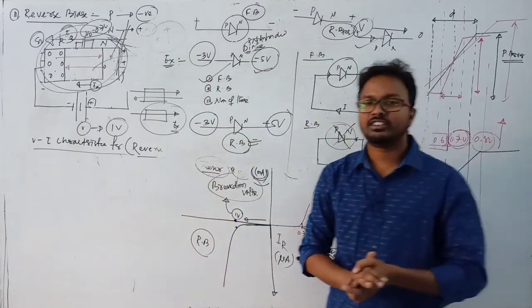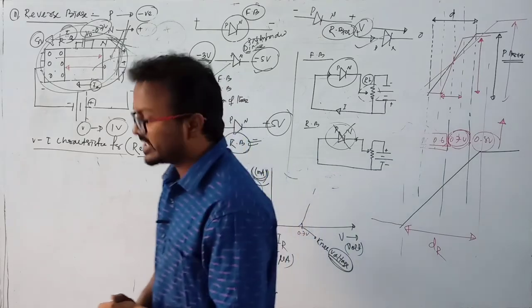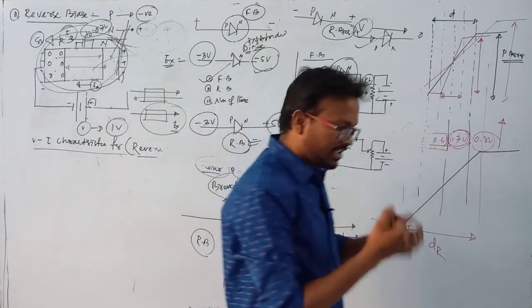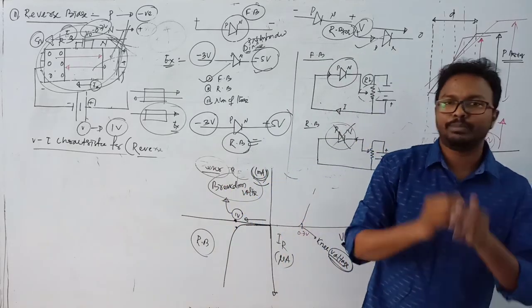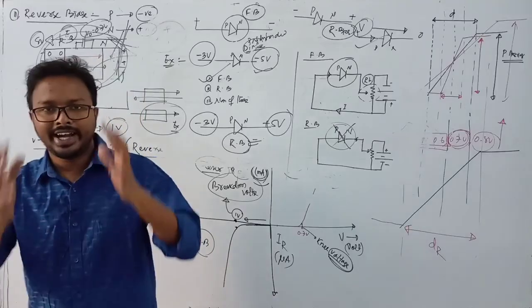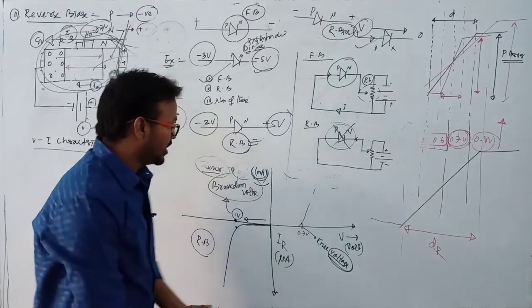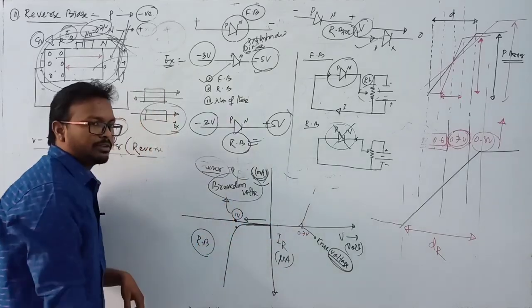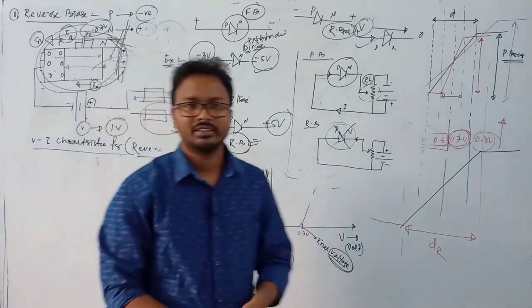So what is a PN junction? What is the depletion layer? What is the potential barrier? How does the potential barrier decrease? How does it increase? And what is forward bias? What is the biasing condition, meaning forward bias and reverse bias condition? And the most important thing is the VI characteristic graph of forward bias and reverse bias conditions. Clear? Thank you all.